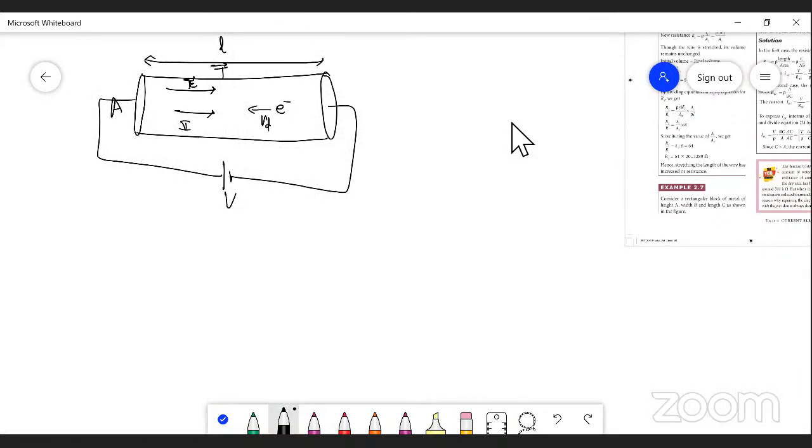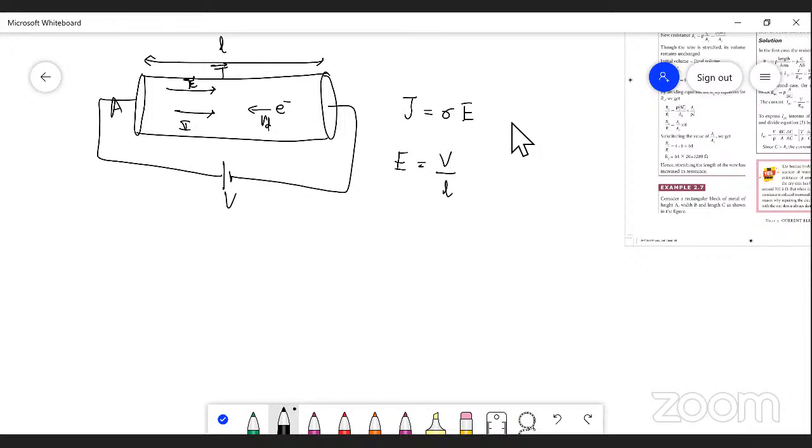He obtained this expression from the magnitude of current density. J equals sigma into E. J is current density, sigma is conductivity, and E is the electric field. In electrostatics, we have seen the electric field is the potential difference divided by distance.